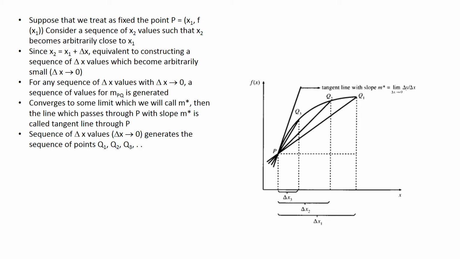Look at the bottom of the graph. The initial change in x was del x1 when we took Q1. When we take Q2, it is del x2. When we take Q3, it is del x3. We can see that del x is gradually decreasing as we move from Q1 to Q2 to Q3 and closer to P.